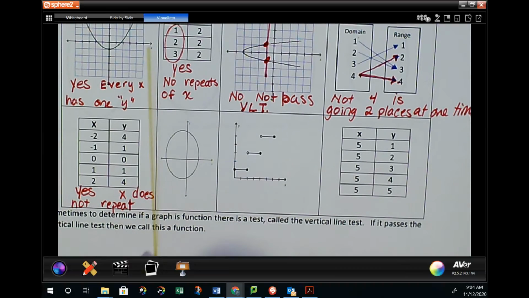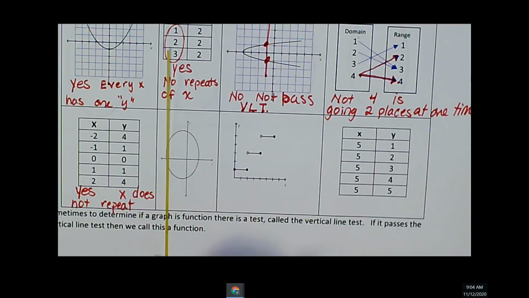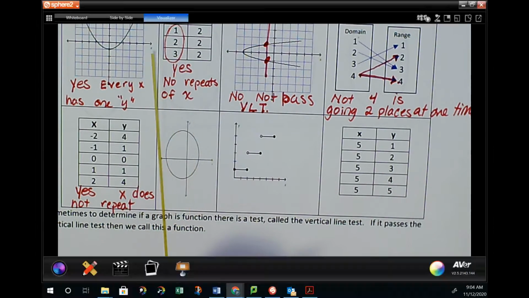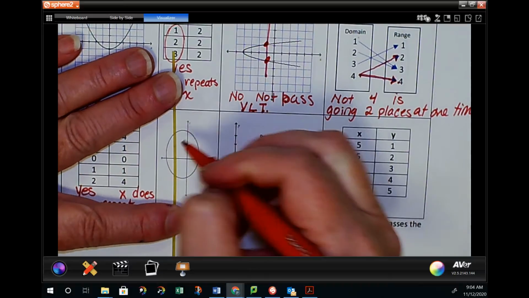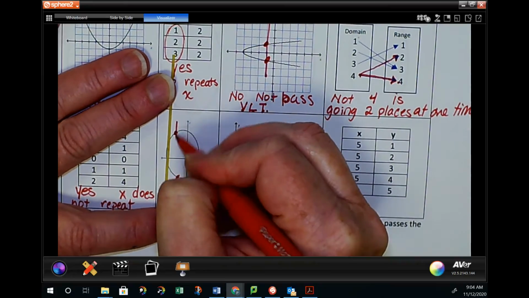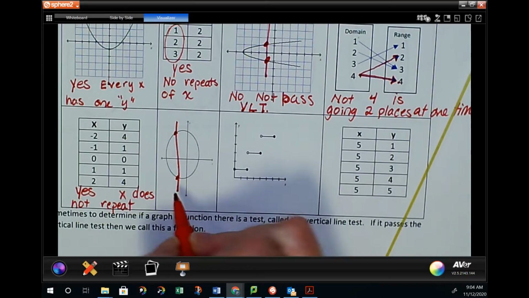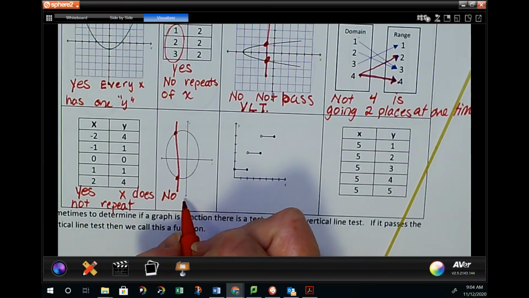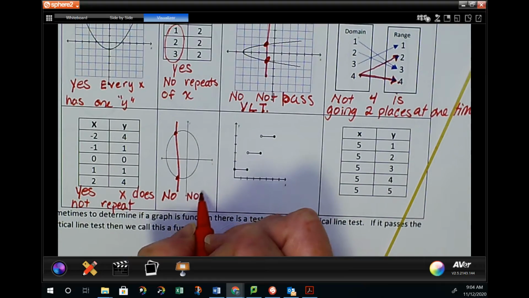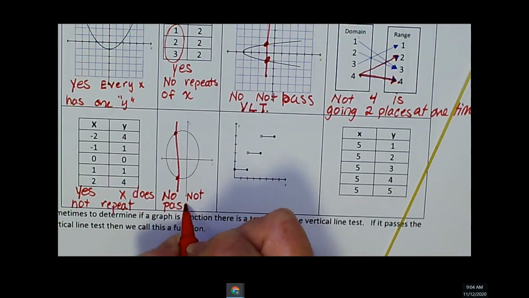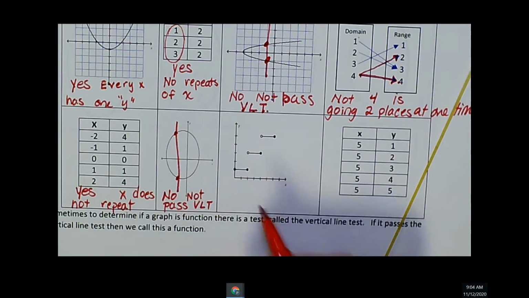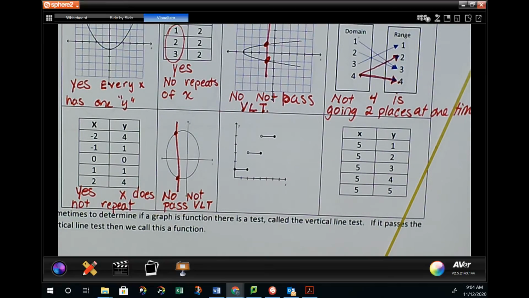So when I look here, it's a graph, and I look across, not touching, oh, it touches right there. It touches 2 places. So this is a no, and so that's false. It's not a function, and it does not pass the vertical line test. Okay, this one is a tricky one.